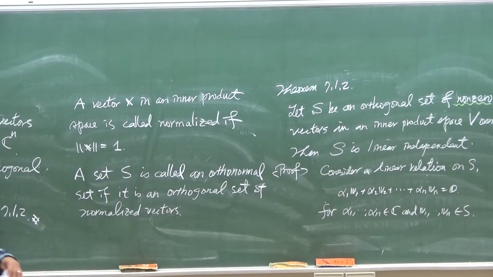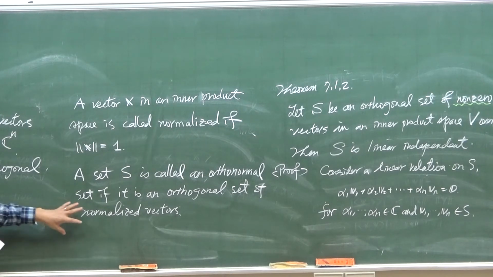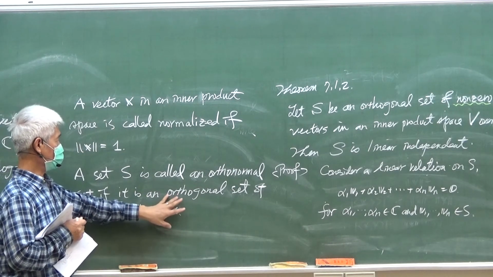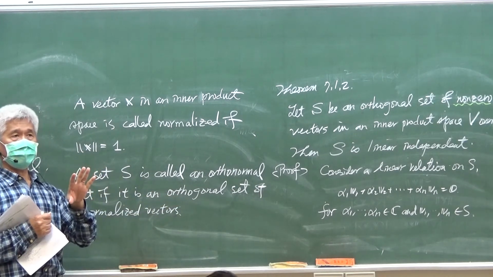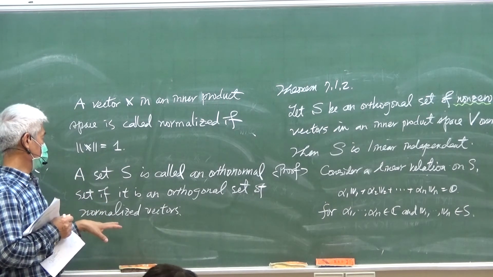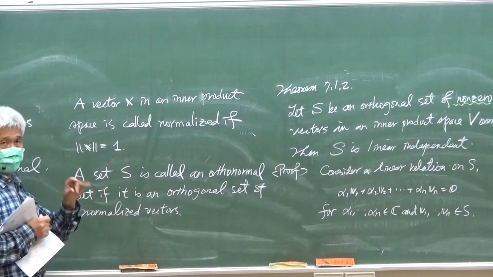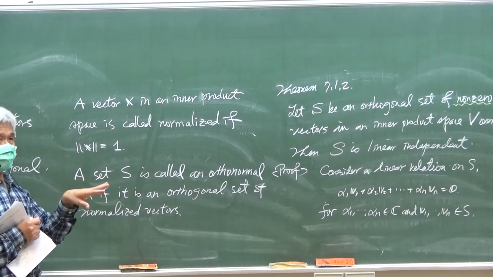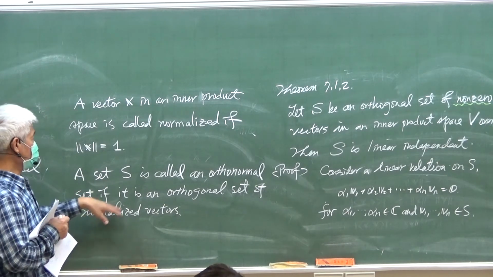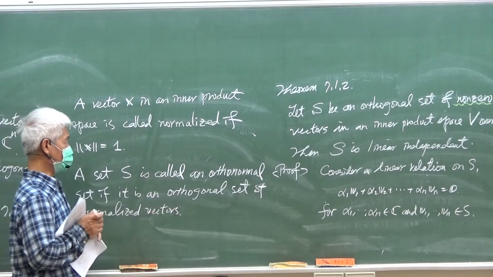So if an orthogonal set consists of normalized vectors, so that every vector has length 1, then such a set would be called an orthonormal set.